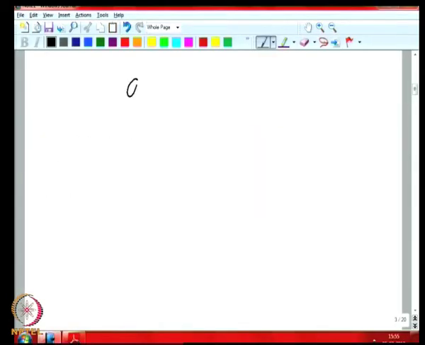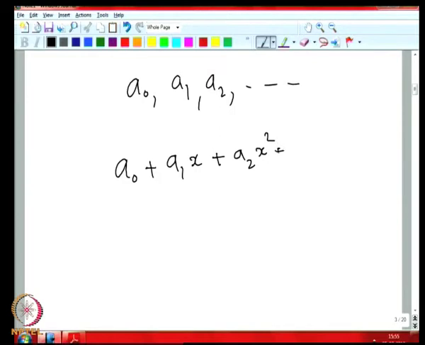Once again, our sequence is A0, A1, A2 and so on. Note that our ordinary generating function will be A0 plus A1 x plus A2 x square plus A3 x cube and so on, and the coefficient of x raised to n will be a n.